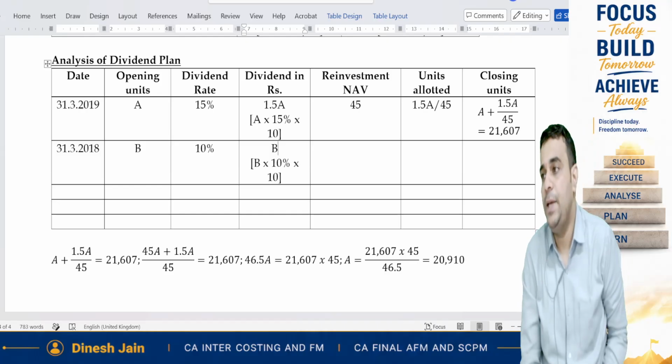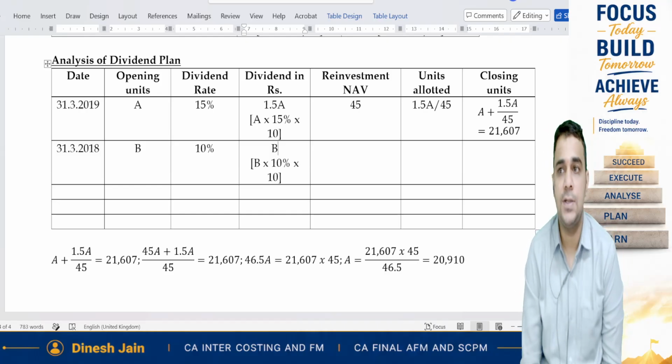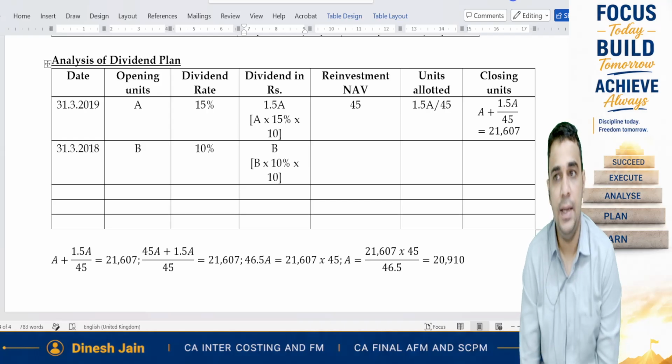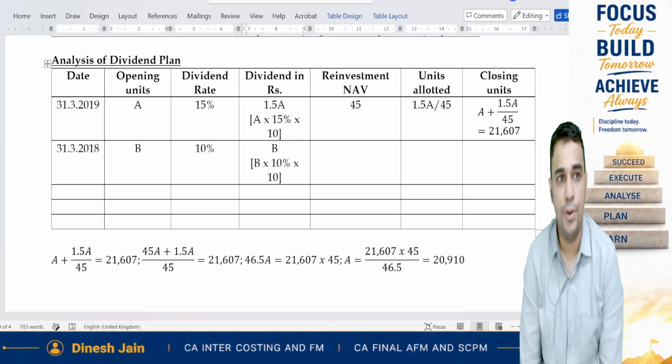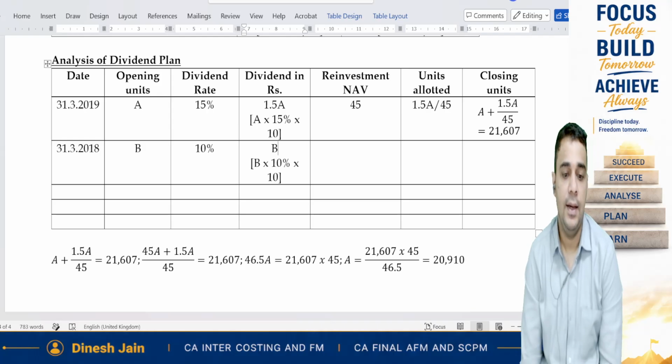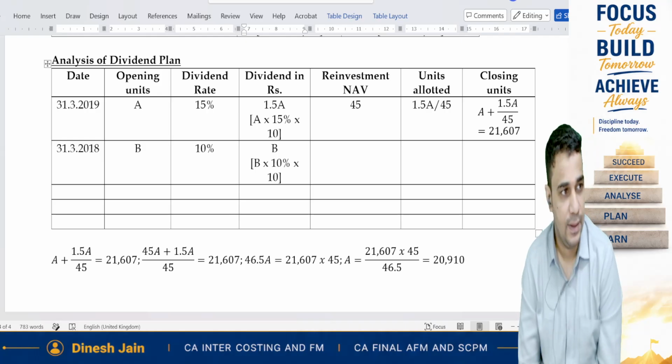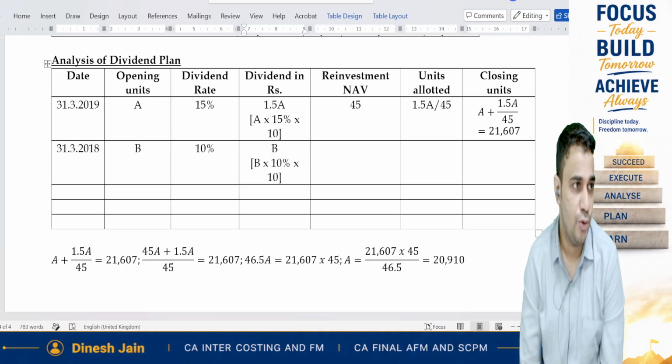In the printed answer, I think they've assumed all as A only.